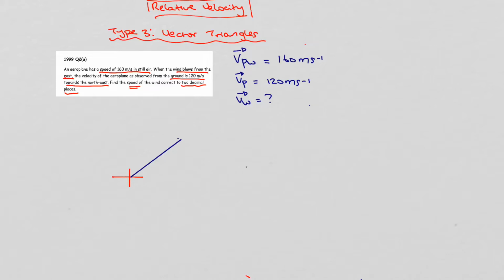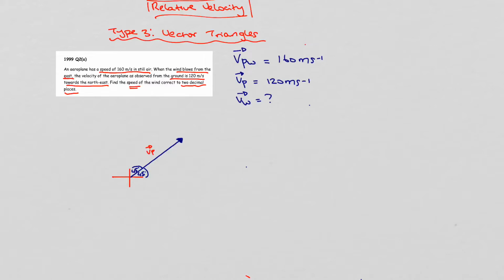So again, nice big diagram, and I'm marking in that angle there is 45 degrees, which of course means then that this is also 45. Okay, and that's the velocity of our plane.